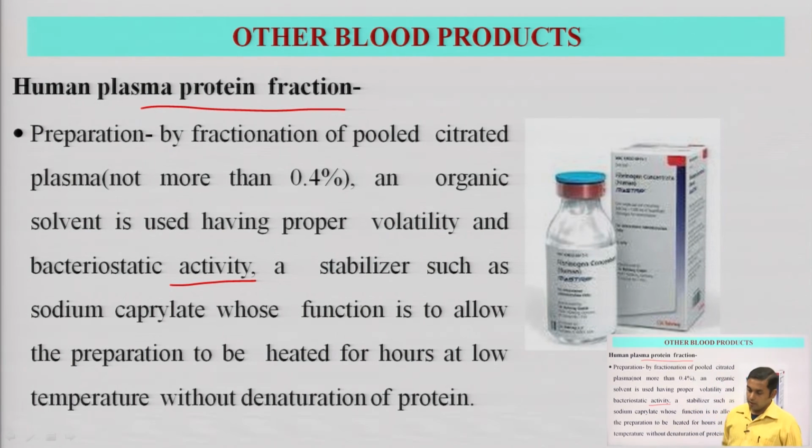Bacteriostatic, you may understand, is against the bacteria. A stabilizer such as sodium acetyltryptophanate is used to allow the preparation to be heated for hours at low temperature without any degradation of the protein.